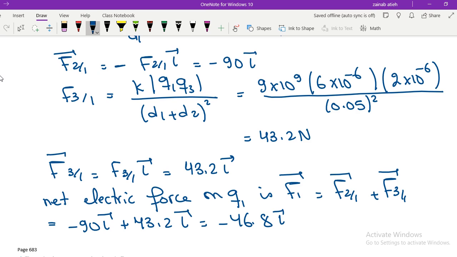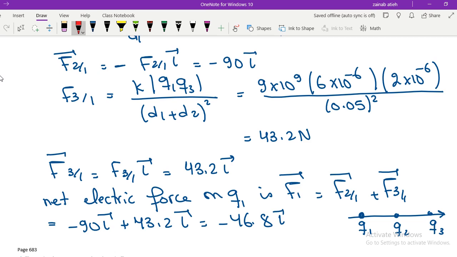So if I'm asked to draw this force, it can be drawn easily. Look, assume this is the x-axis and this is my charge, which is Q1. Here I had Q2 and here I had Q3. Both of them are acting on Q1. The resultant force on Q1 is minus 46.8.